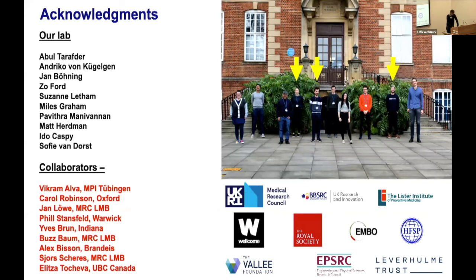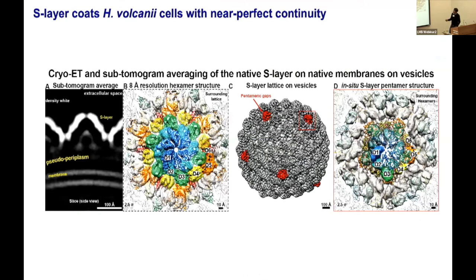Yeah, so I don't know if I have a slide here, but the pentamers seem to induce curvature of the S-layer. So here is a slide showing that. We solved the subtomogram averaging structure of the S-layer on positively curved membranes, and the hexameric structure we solved on negative curvature.